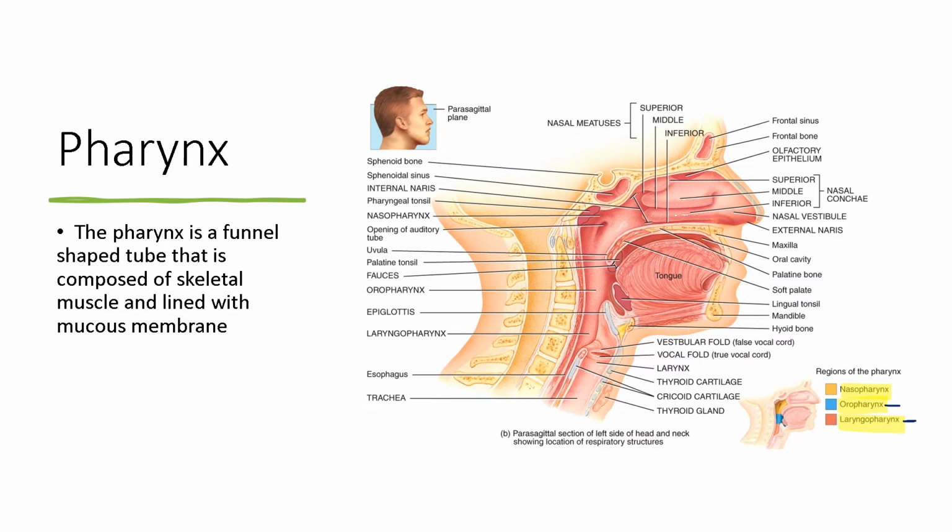Swallowed food passes from the oral cavity into the oropharynx and then the laryngopharynx. The muscular contractions of these areas help propel the food into the esophagus and then into the stomach.